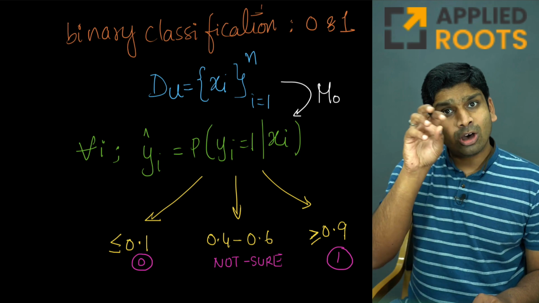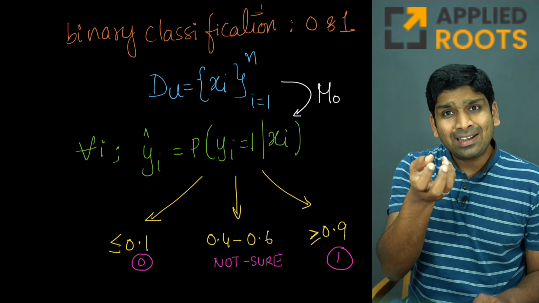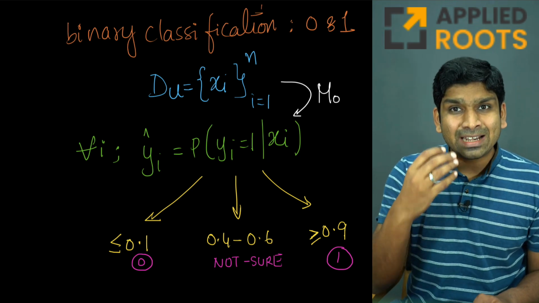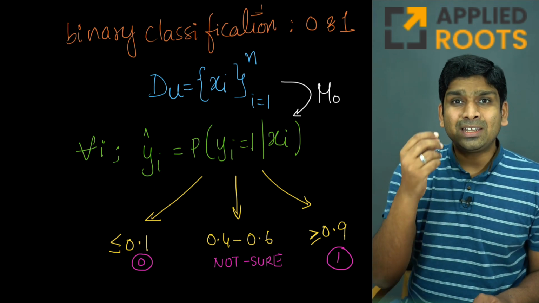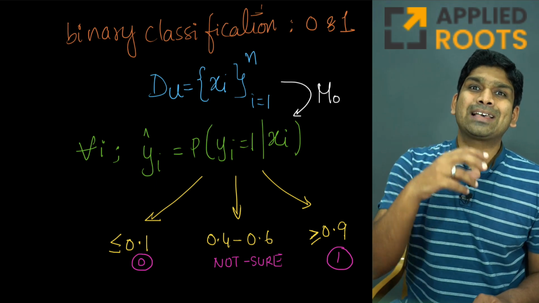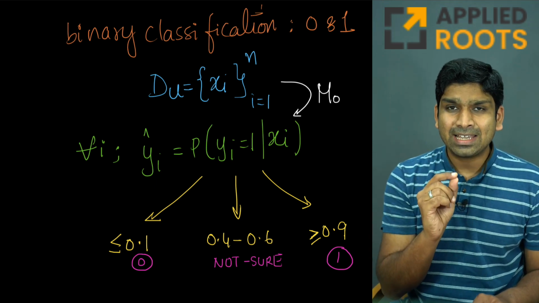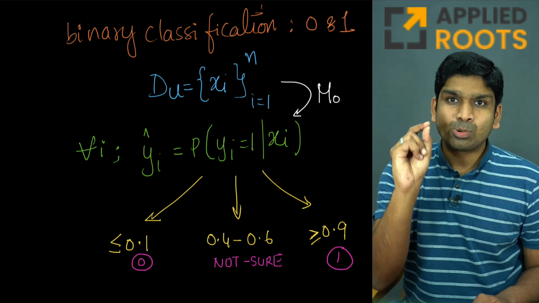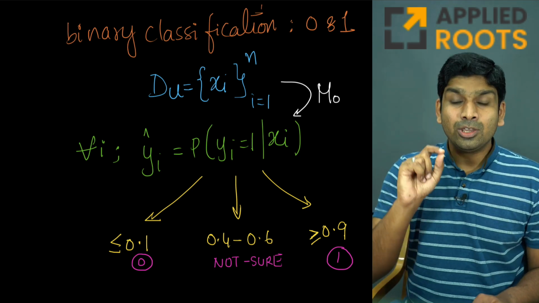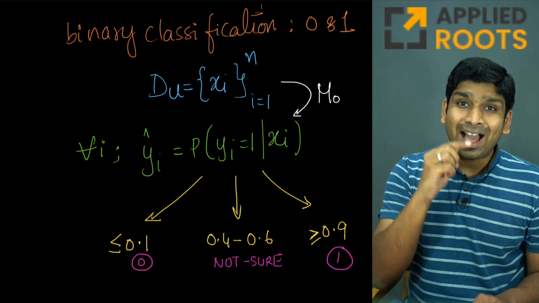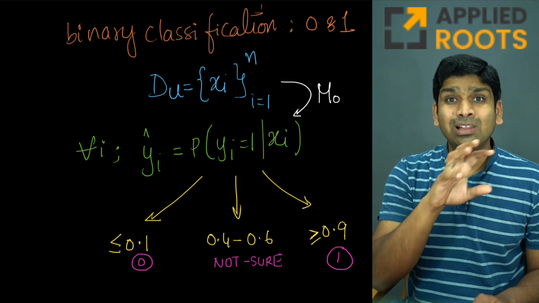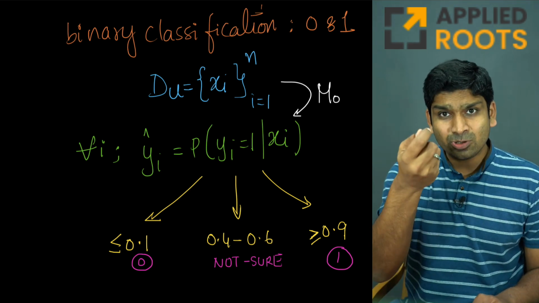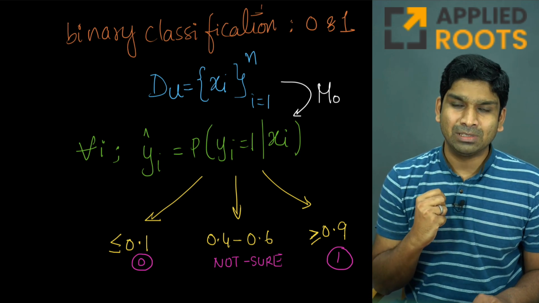When we pass all of them through our M0, we will get a yi hat, which is the predicted probability that each xi belongs to class 1. So your yi hat is the probability that yi equals 1 given xi. You will compute this for all i in your unlabeled data. So for all the n points in your unlabeled data, you will compute these predicted yi hat labels.